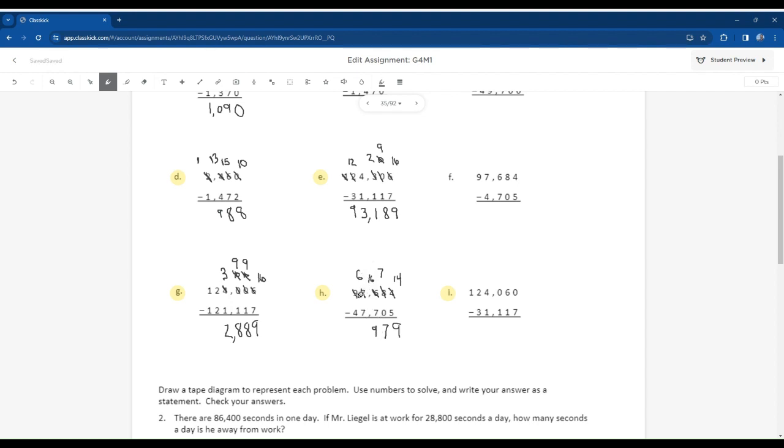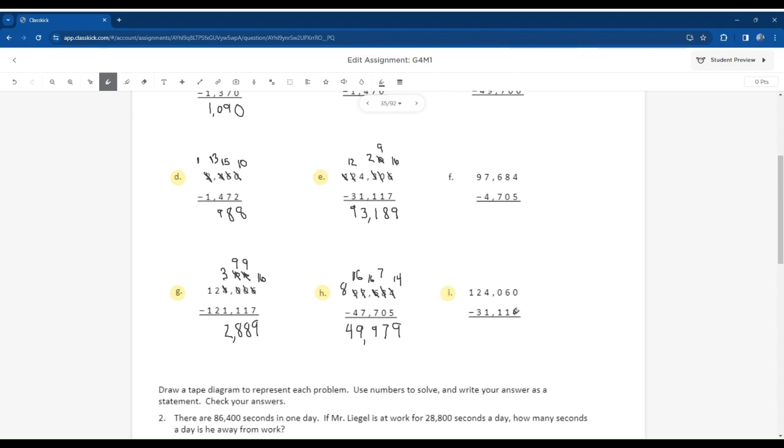Need to regroup from my 10,000s. So 9 10,000s can become 8 10,000s. So I can have 10 extra thousands to subtract from. 16 minus 7 is 9. And 8 minus 4 is 4, for a difference of 49,979.